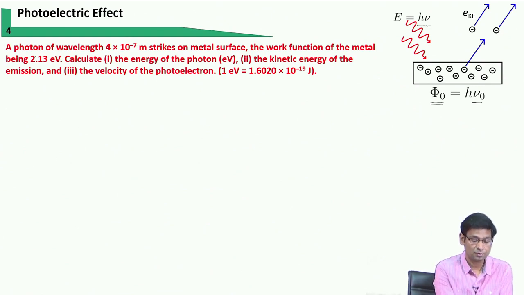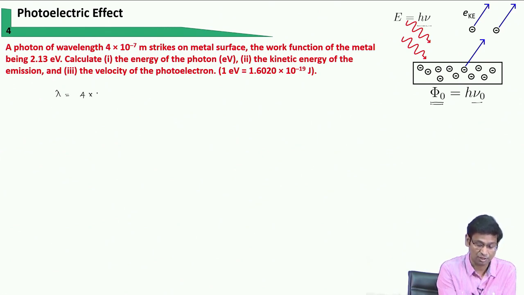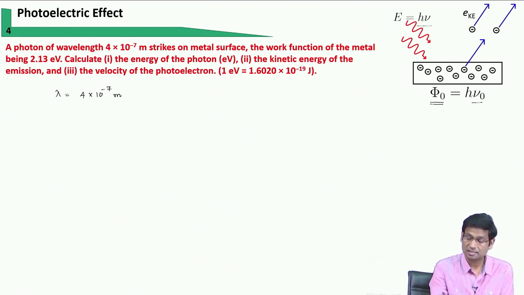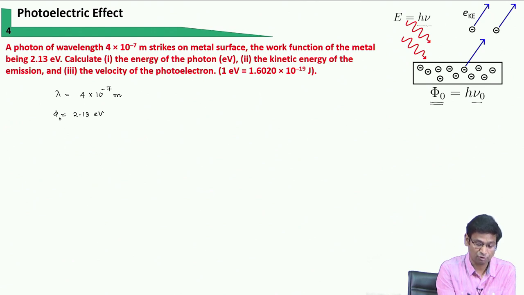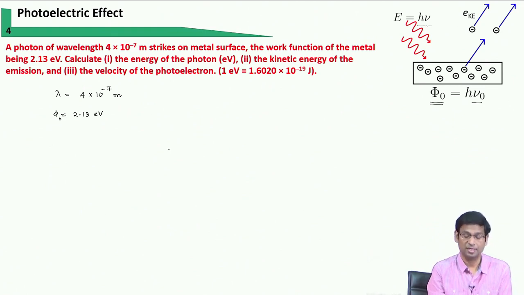The question says that we have a photon of wavelength 4 into 10 to the power minus 7 meter. So, lambda is 4 into 10 to the power minus 7 meter. It strikes on the metal surface, and the work function of the metal, phi 0, is given as 2.13 electron volt, and we have to calculate the energy of the photon, the kinetic energy of the emission, and the velocity of the electron. So, first let us look at the first bit, the energy of the photon.